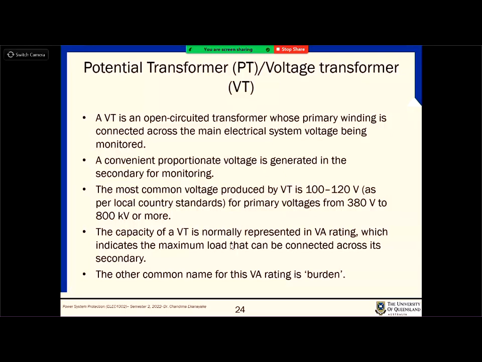So we have an expected primary voltage and then the real primary. The difference between those two values is basically the error, and that error changes with the magnitude of the burden. So when the burden goes up, when the power consumption by the secondary load goes up, then the error increases. It's the same as a normal transformer.